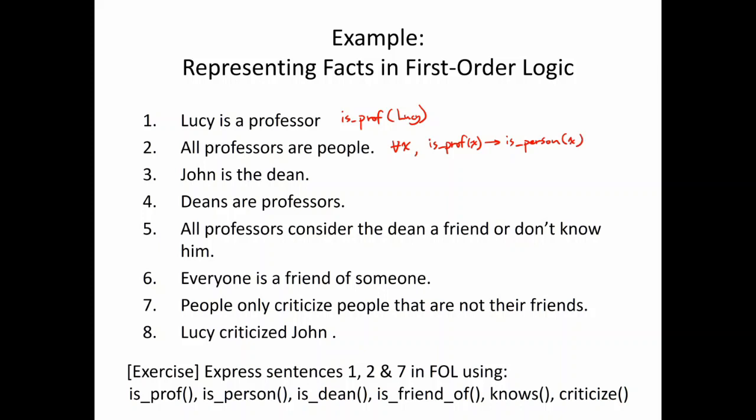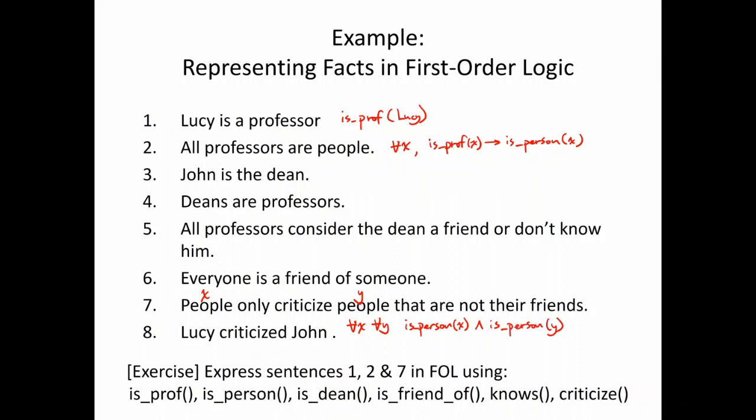Okay, how about 7? People only criticize people that are not their friends. We need 2 variables. One for who's doing the criticizing, and another for the one being criticized. So, for all x, for all y, let's first make sure x and y are people, is person x, and is person y.